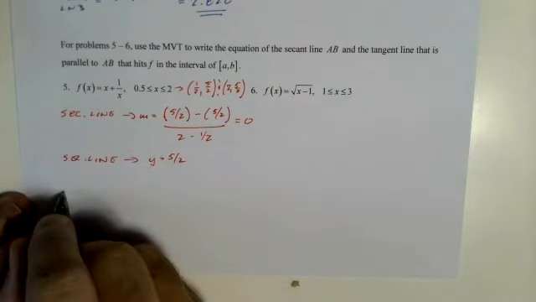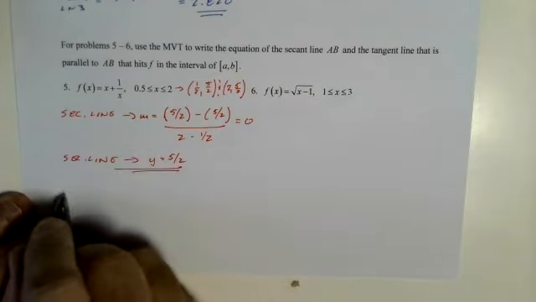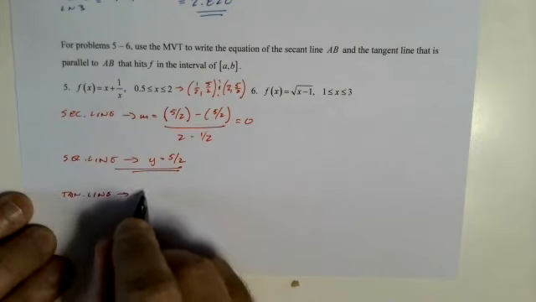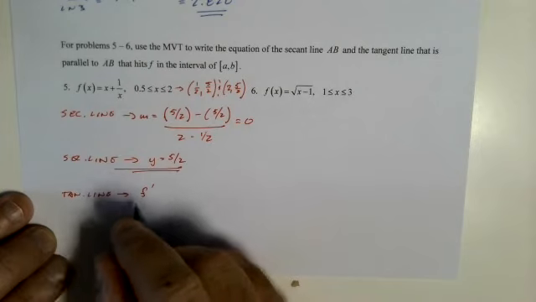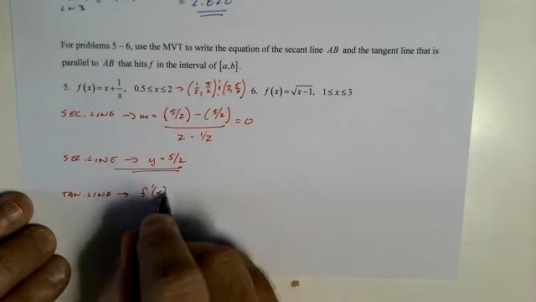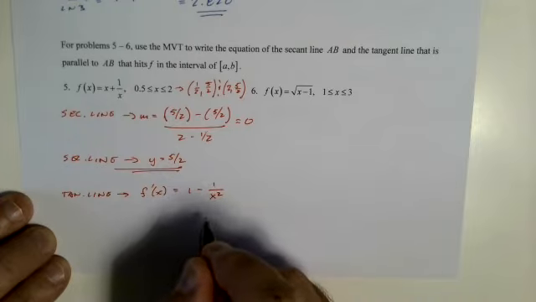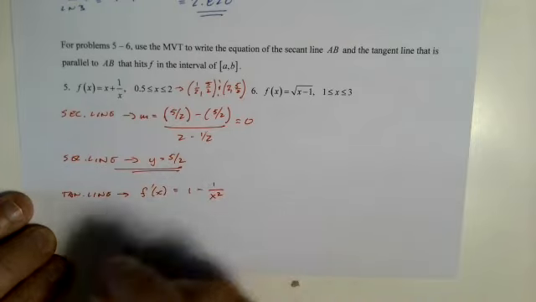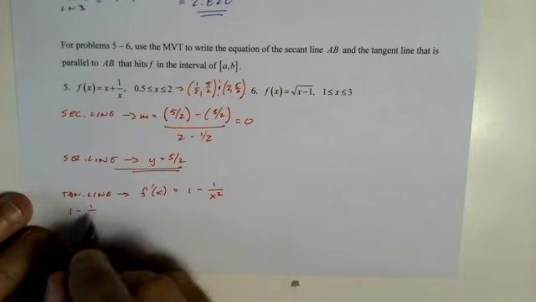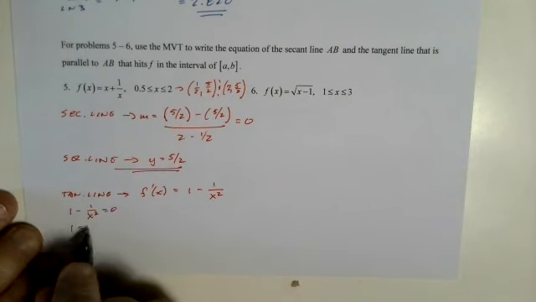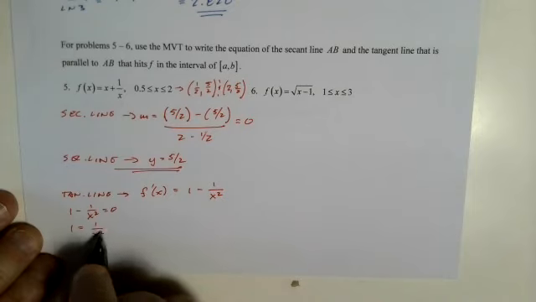Then the tangent line. f prime of x equals 1 minus 1 over x squared. That has to equal 0. So 1 equals 1 over x squared.